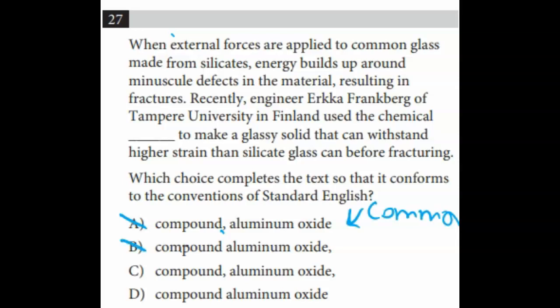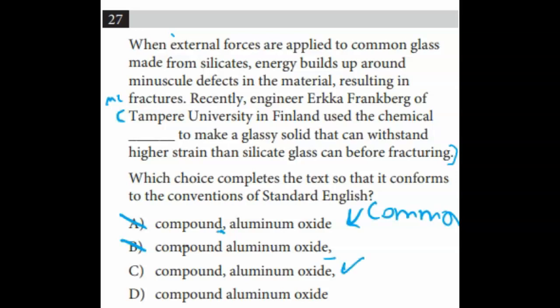And I think B is out in the same way because no punctuation is needed to separate Tampere University from using the compound aluminum oxide to make a glassy solid. It's all one sentence. You're not separating any clauses or subordinate clauses. It's really just one main clause. And so punctuation right here and here is unnecessary.